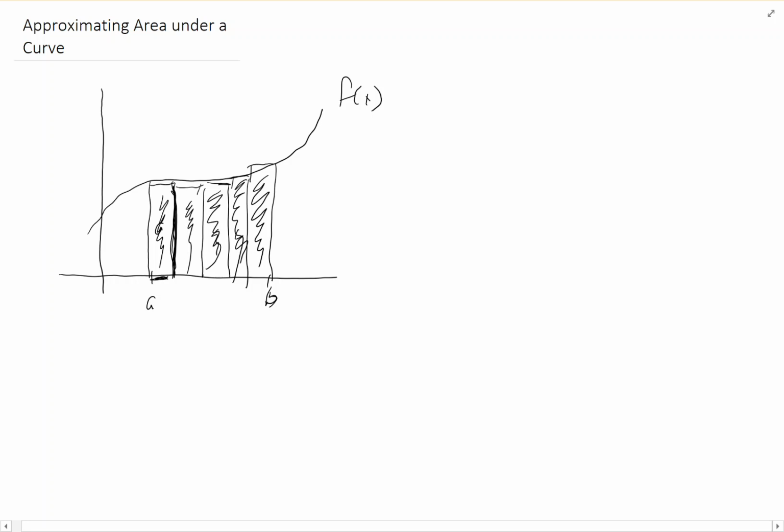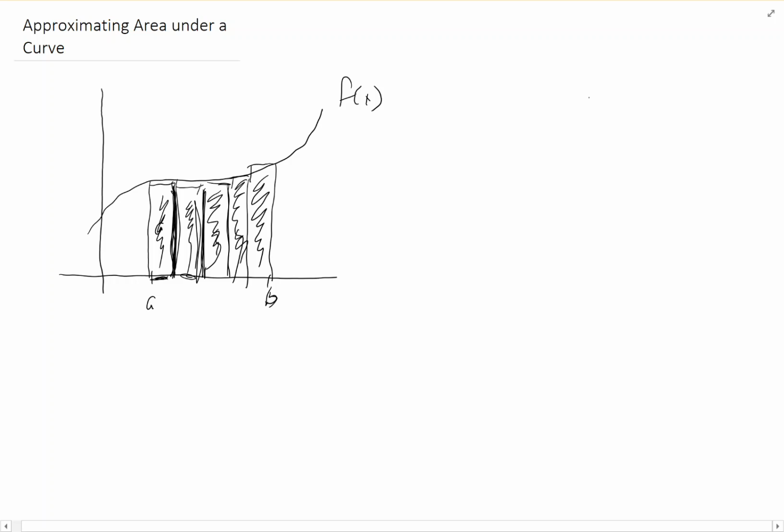So you want to look at the height of each rectangle, the width, and then add up the rectangles. This vertical can be something you read off a graph or a measurement, or it can be something based on the function itself.